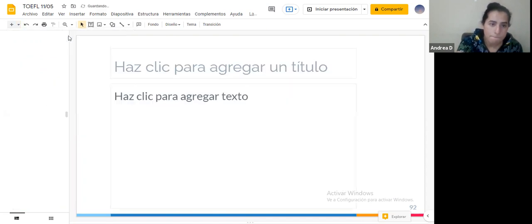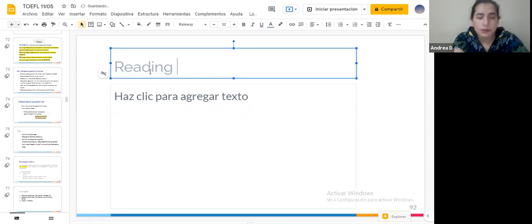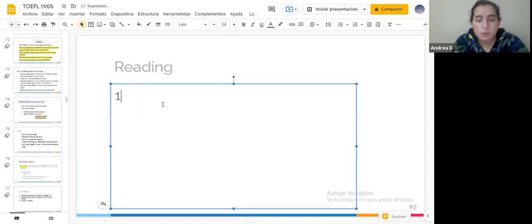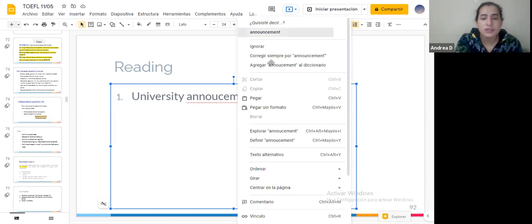Okay, sorry. So in the reading, you've got a few options. The most common one is when you have a university announcement. It is pretty much the university announcing something, like, we are changing this, or we want to change this.